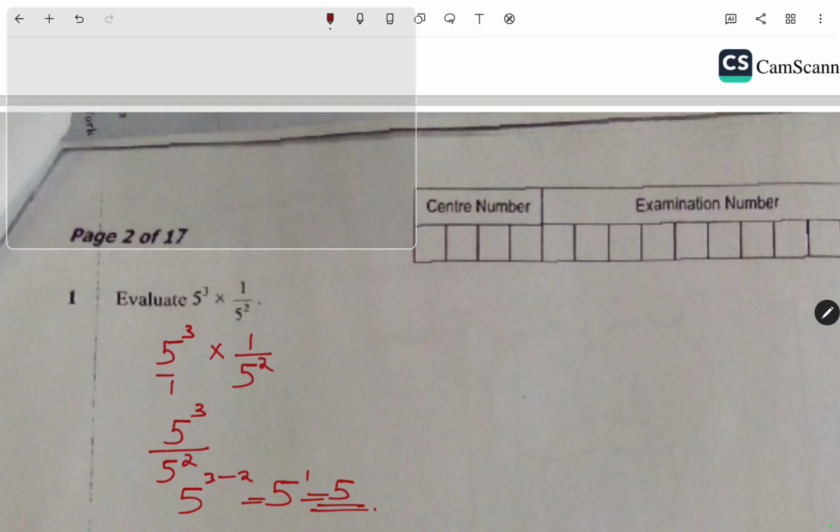So remember, when you are dividing indices having the same base, you subtract the powers. So here this will be a to the power m minus n.